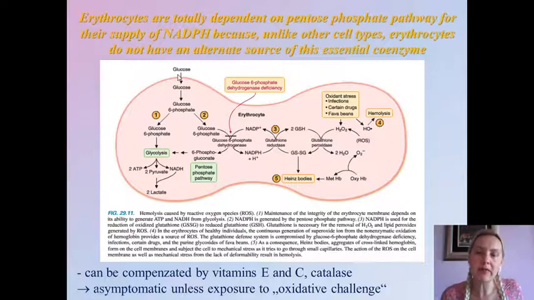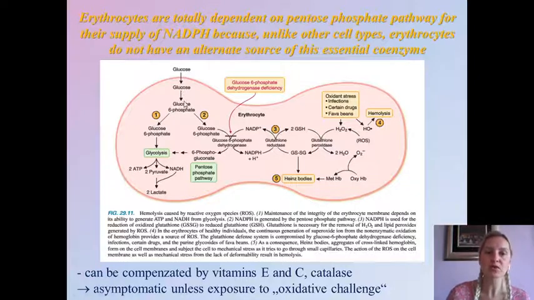So in order to maintain the normal function of the cell membrane in erythrocytes, you need NADH and you need ATP, which erythrocytes can get from anaerobic glucose. And this is represented by the pathway number 1.